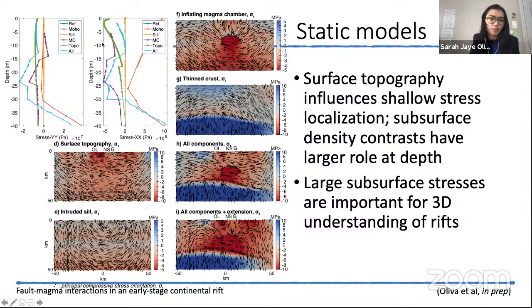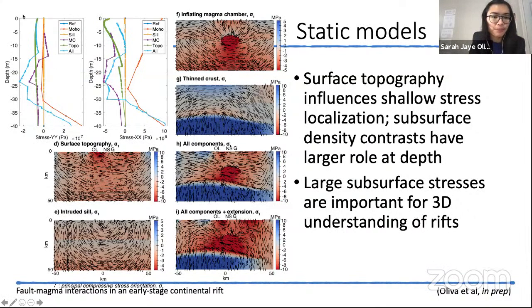Here on the top left, we have 1D profiles down roughly the center of the plot. The first one is the vertical component, and the second one is the XX horizontal stress. We find large variations of strain or stress at depth.